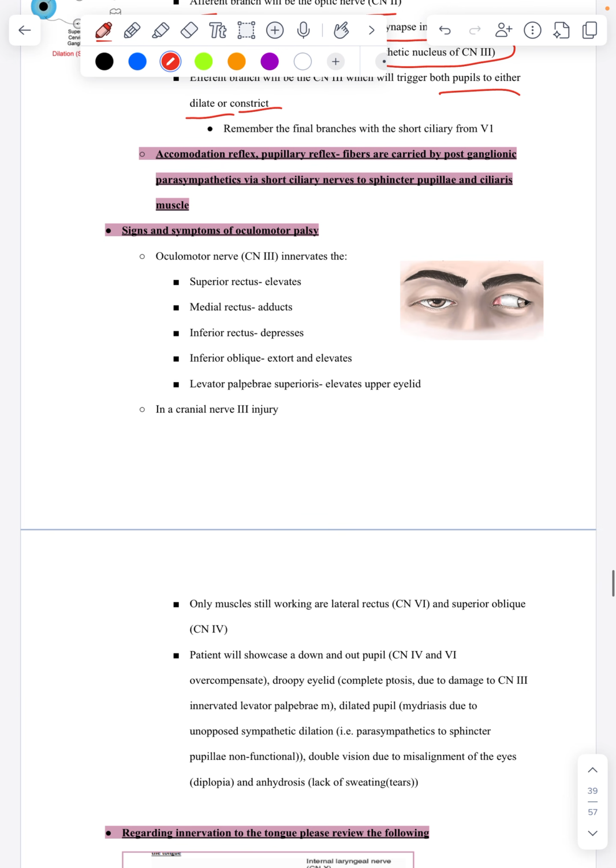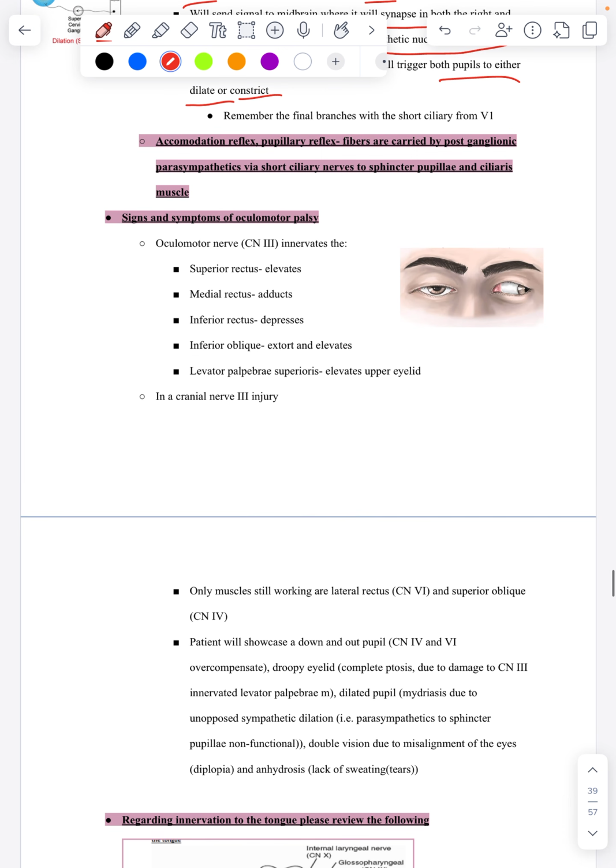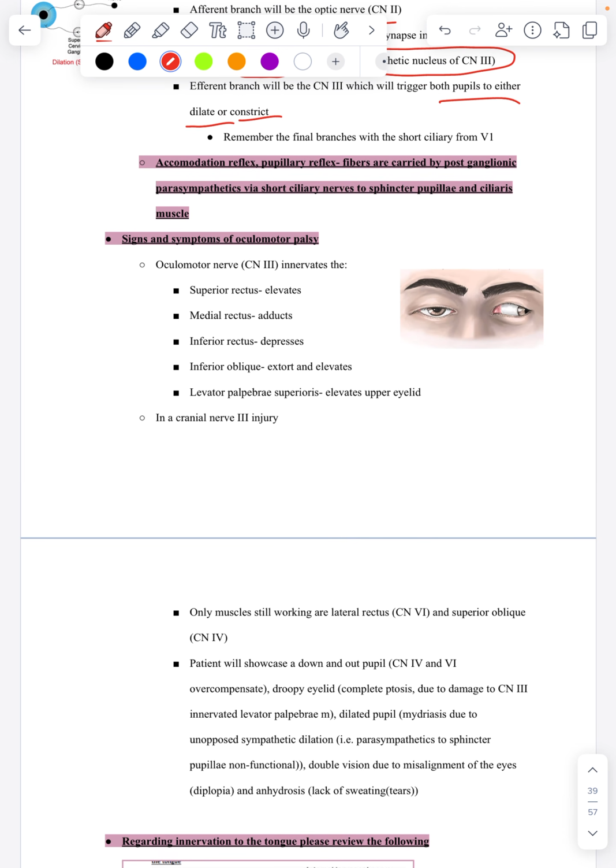Okay, now, if you have... Oh wait, let's do this part first. So, the accommodation reflex, pupillary reflex, fibers are carried by post-ganglionic parasympathetic via short ciliary nerves to sphincter pupillae and ciliaris muscle. I think this is also mentioned again, but the short ciliary nerves will help constrict the eye.